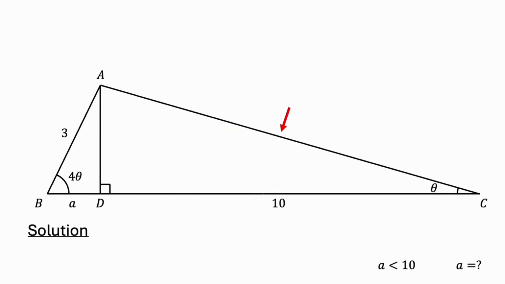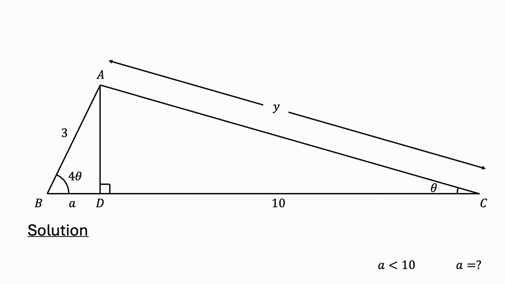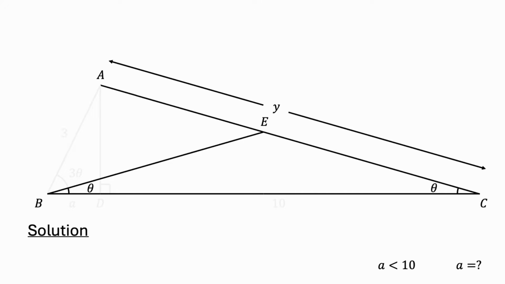First, let the length of AC be y. Next, from B, draw a line cutting AC at E such that angle EBC equals theta and angle ABE equals 3 theta. And then, consider triangle EBC and the line AE.